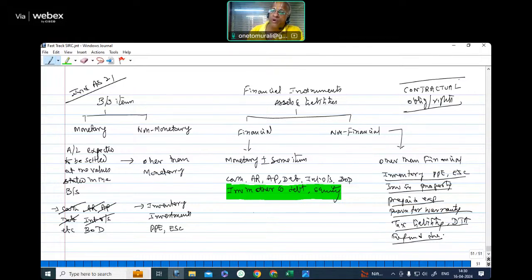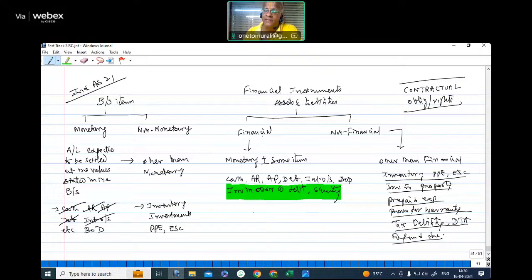Government is not entering into a contract with their citizens that they should be paying tax. It is a mandatory thing that a person needs to effect the payment when there is an earning. Simple as that. So, the foremost thing in the case of financial instruments is that there should always be a contract.